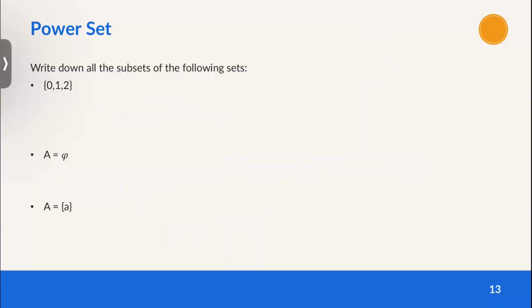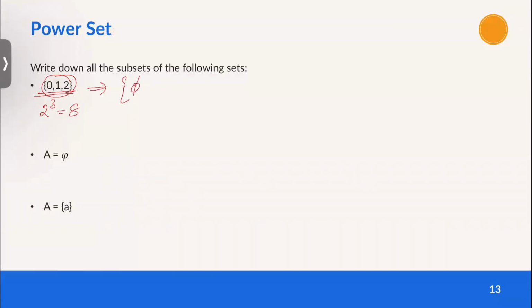So here are a few examples which we have to do. First is a set 0, 1 and 2 with 3 elements. If the set has 3 elements, what will be the number of elements in the power set? It will be 2 to the power 3, which is 8. So I'm writing the subsets, the power set of this set.